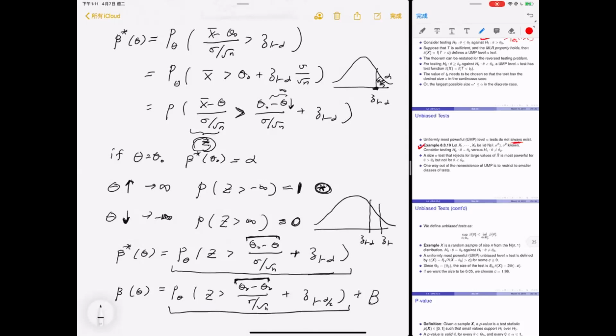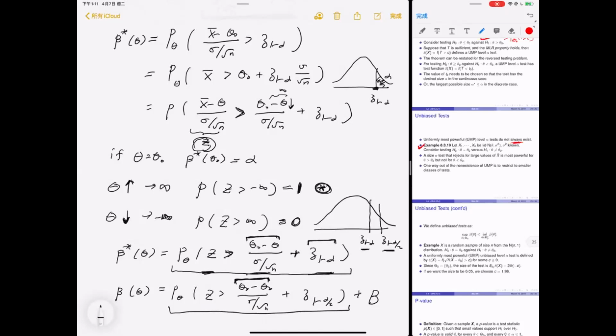Sorry, reverse: z 1 minus alpha is the smaller quantile, and z 1 minus alpha over 2 is the bigger quantile. So that means this guy is the smaller quantile, the probability of Z bigger than some base plus the bigger quantile.